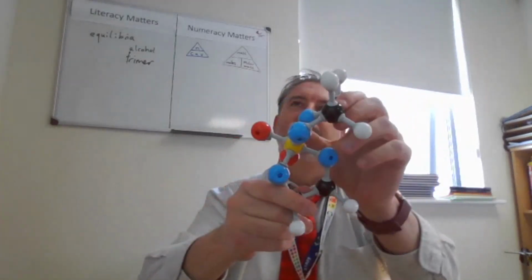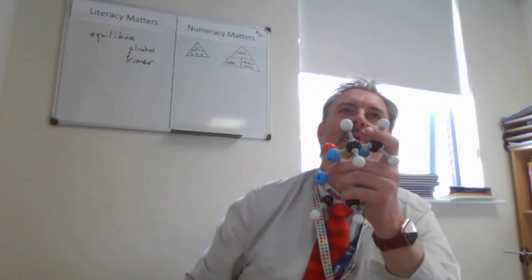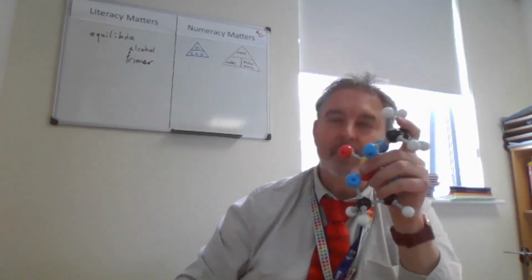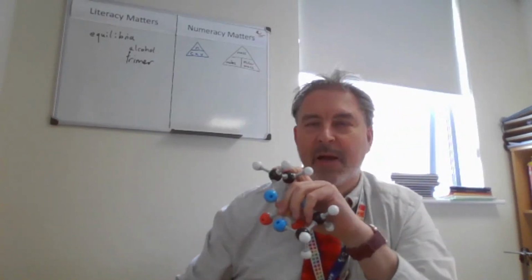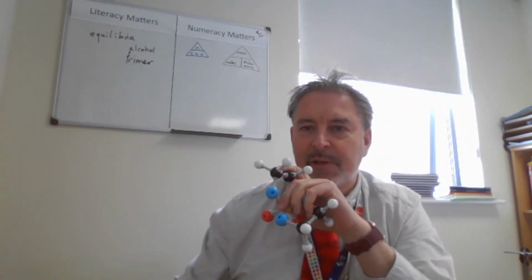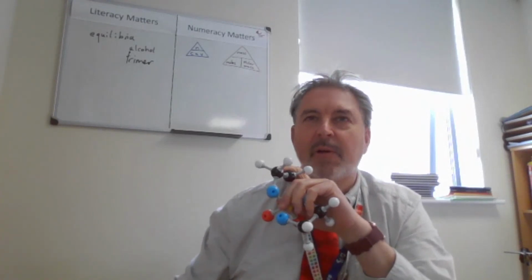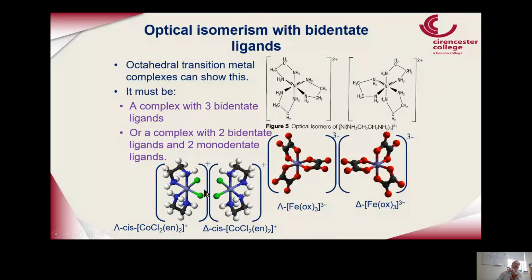You'd have to have 2 of them. You'd have to draw the one opposite of itself. So let's show you that on the screen. So that's here, and you can see we've got the optical isomers here, as well as cis and trans. So these are both cis.